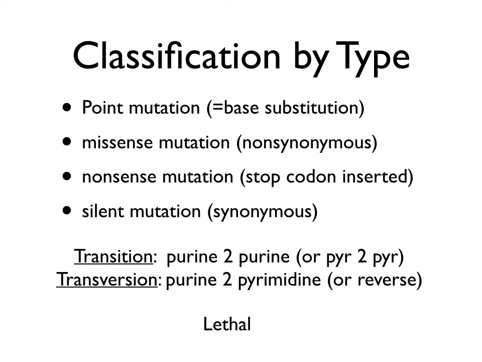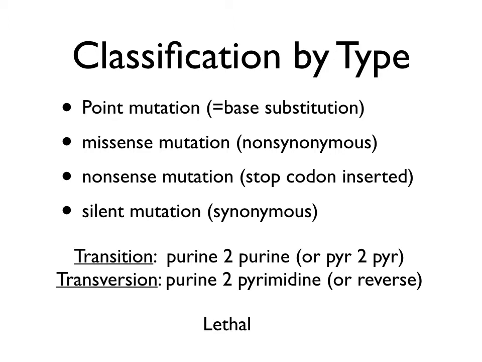You'll remember from our wobble hypothesis, the codon degeneracy, that if you change a third nucleotide position, frequently that codon will still code for the exact same amino acid. That is a synonymous mutation, or a silent mutation. A nucleotide was changed, but it doesn't have any effect on the product of transcription and translation of that gene because the codon still says basically the same thing.